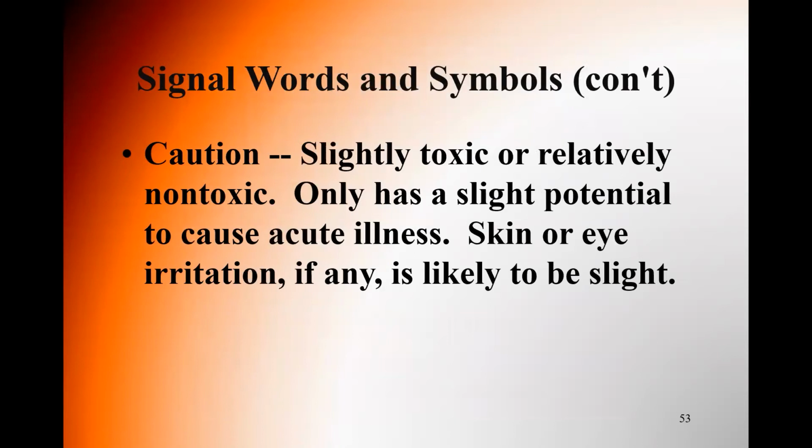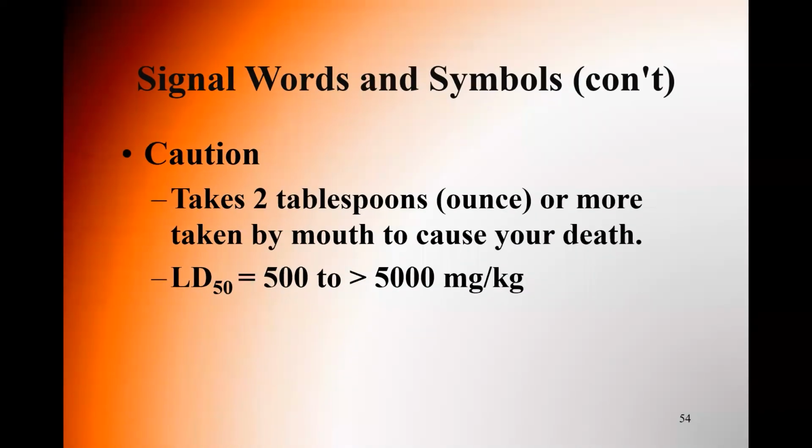Caution: as we move on down in toxicity, slightly toxic or relatively non-toxic, it only has the slight potential to cause an acute illness. So we're getting safer. If any, it's likely to be slight if you have any skin or eye irritation. It takes two tablespoons or more taken by mouth.